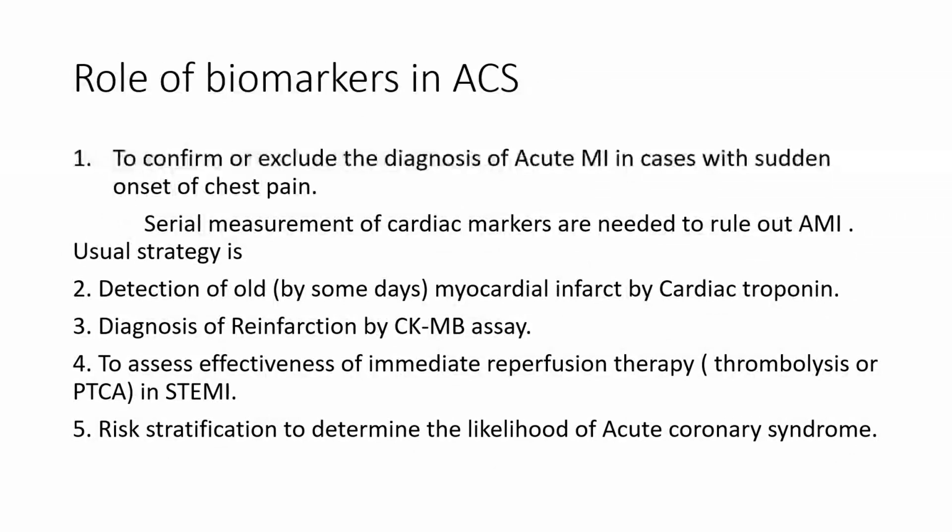Diagnosis of reinfarction by CKMB. To assess the effectiveness of immediate reperfusion therapy, that is thrombolysis or PTCA in STEMI, which is why serial measurement is important, and risk stratification to determine the likelihood of acute coronary syndrome.